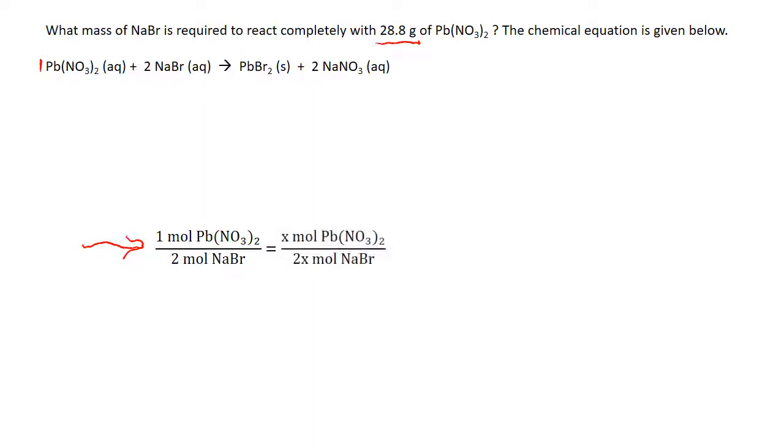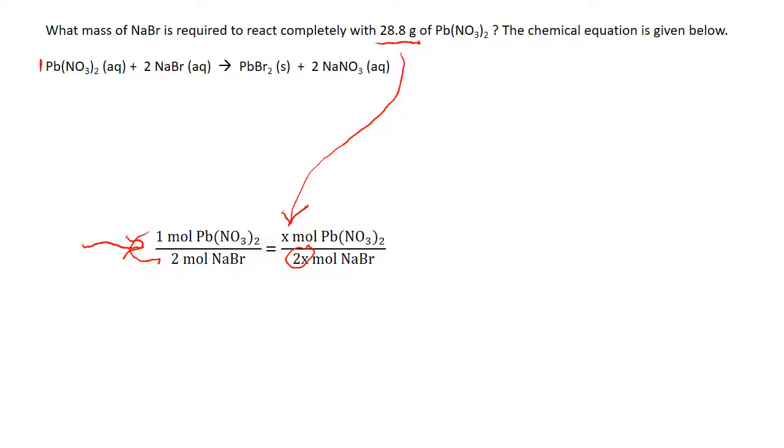If we have X moles of lead nitrate, because there's a 1 to 2 ratio between moles of lead nitrate and moles of sodium bromide, we must therefore have 2X moles of sodium bromide. So what we need to do then is figure out how many moles X is, and the way we'll do that is by a simple mass to mole conversion. 28.8 grams is going to be our X moles of lead nitrate.